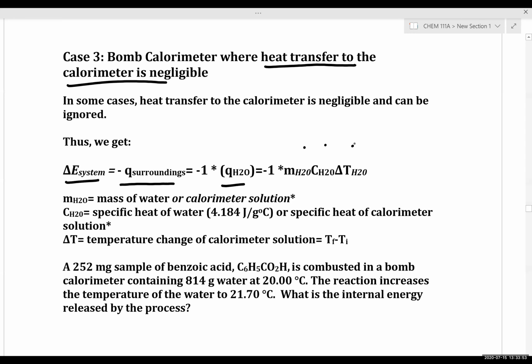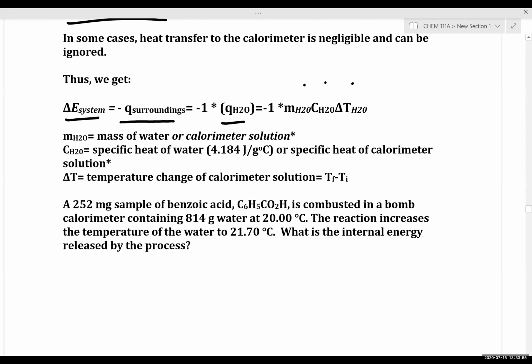So let's show how we can apply this equation for this calorimetry calculation.